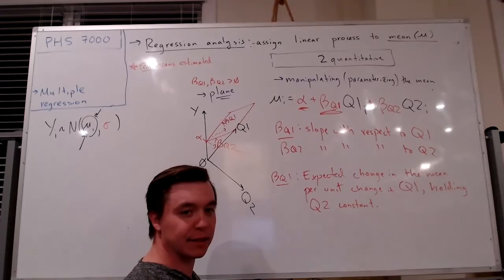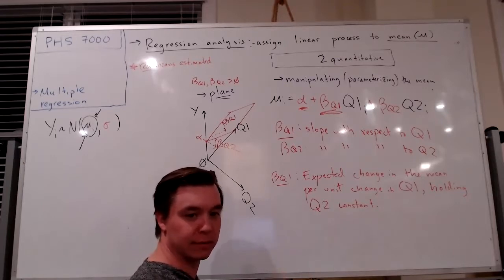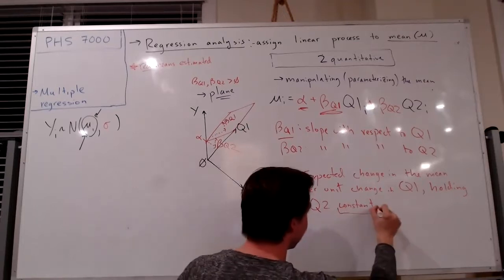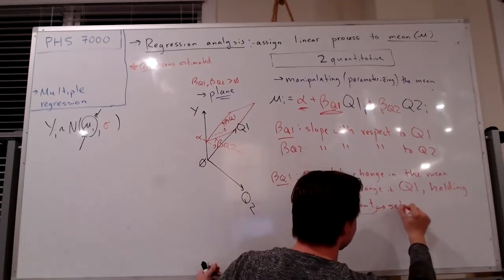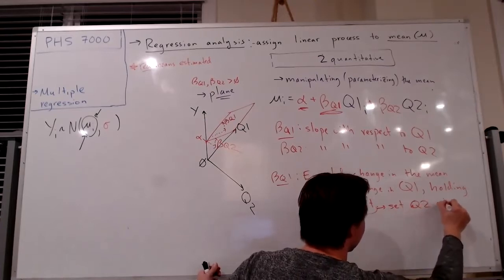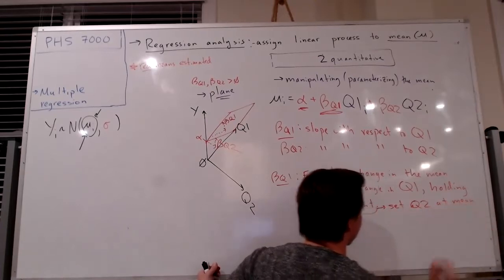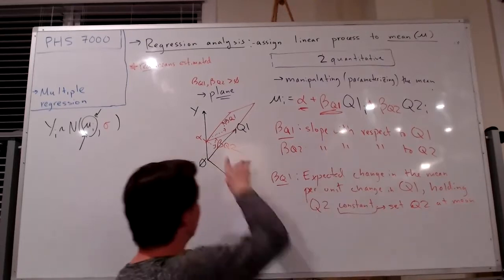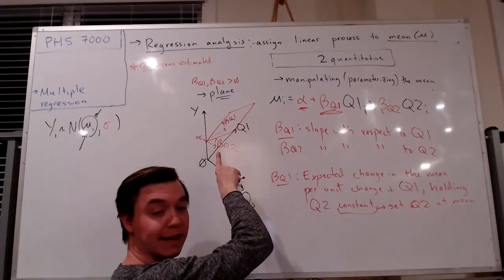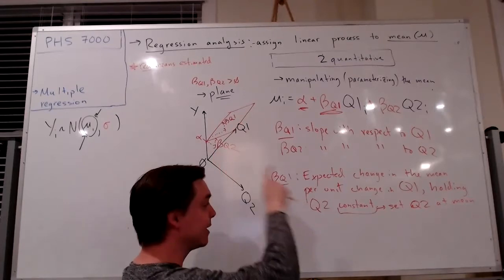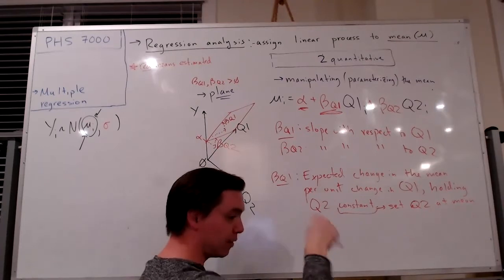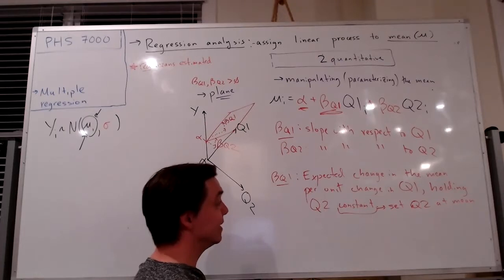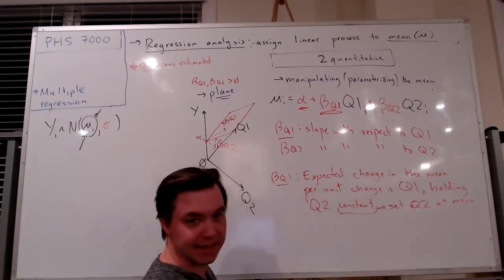Notice it doesn't matter what we actually hold it constant equal to. It's customary to set Q2 at the mean. In fact, that's what SAS does. It provides you with a much better looking picture of a plane, and it holds all of your other covariates that are not part of this plane constant at the mean, but it doesn't actually matter.